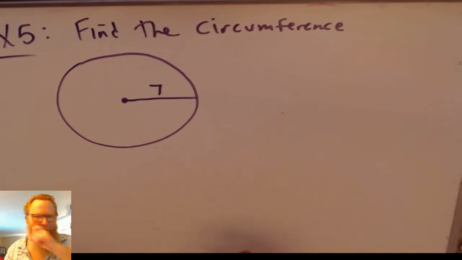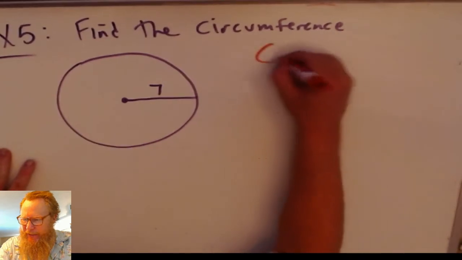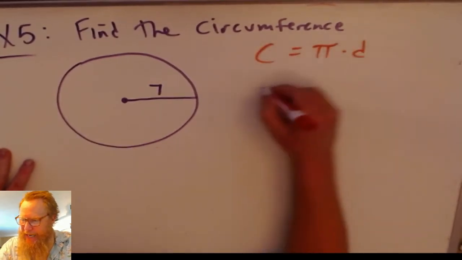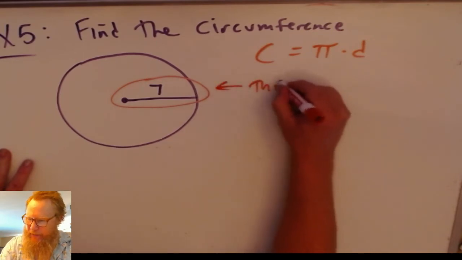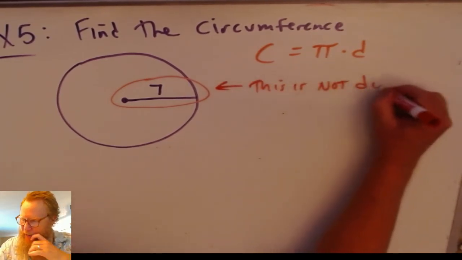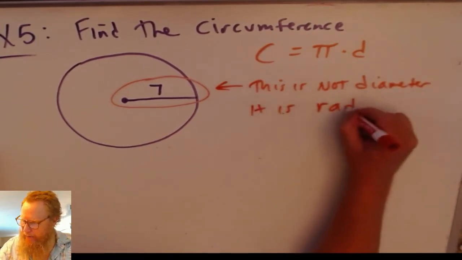The camera angle's a little weird, and I didn't draw perfectly. So find the circumference. C is pi times d, but we don't know d. This is not diameter. It is radius.